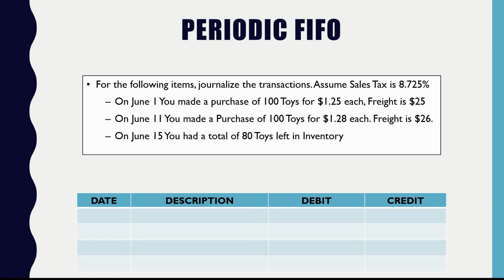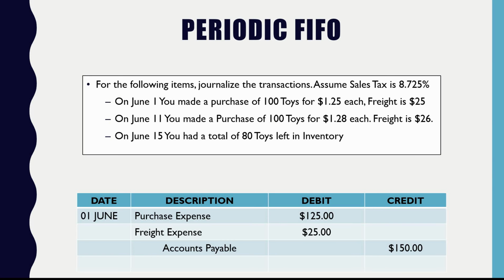So once again, we're going to journalize this as purchase expense for $125, and freight expense for $25, to give us a grand total of $150.